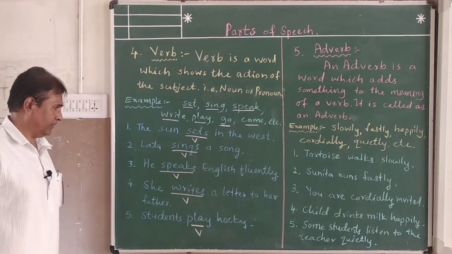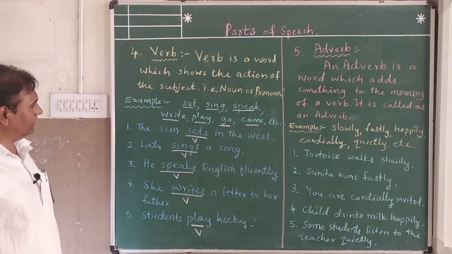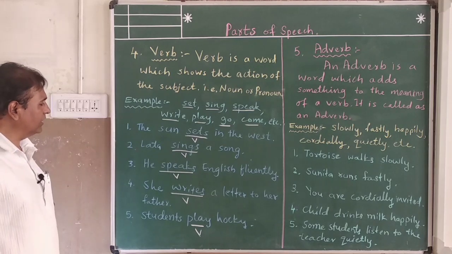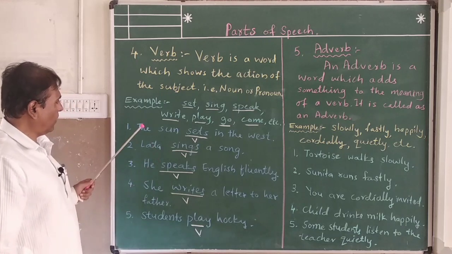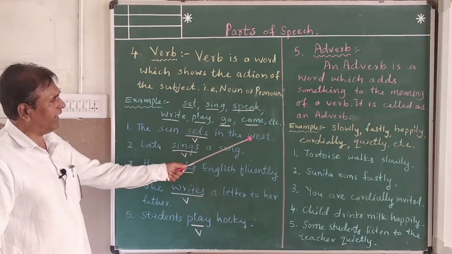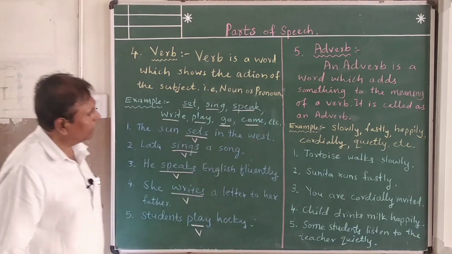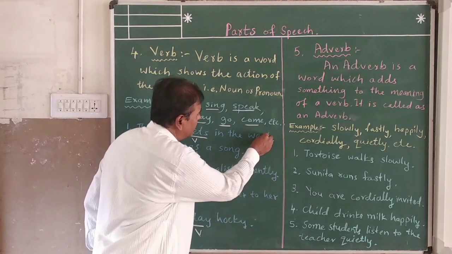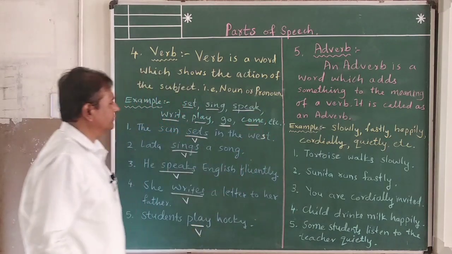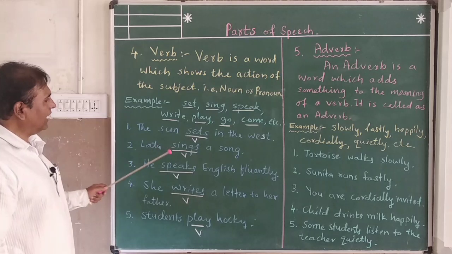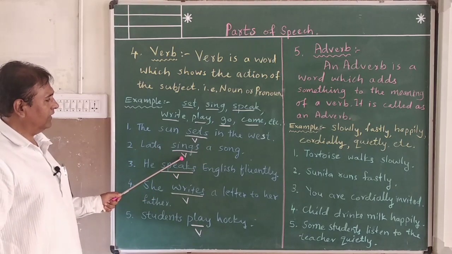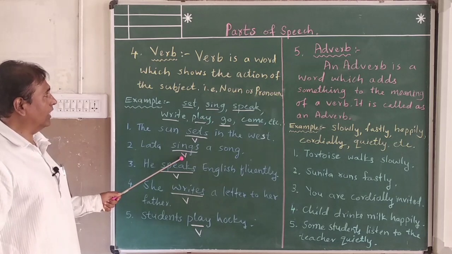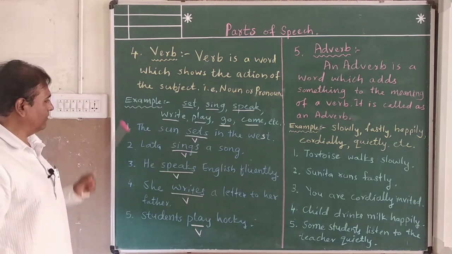Once again, we will read these sentences for your kind information. Read once again. The sun sets in the west. Lata sings a beautiful song. Here, sing is the action verb.